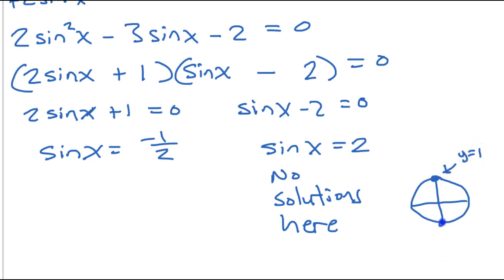The lowest y value is negative 1. So the sine function will never be higher than 1 and will never be lower than negative 1. There's no value of x that I could plug in that's going to have a sine equal to 2. It's too big. So that's why there's no solutions there.